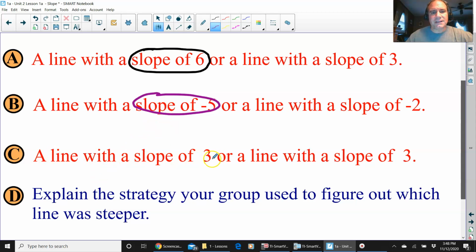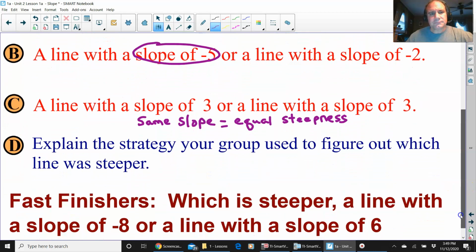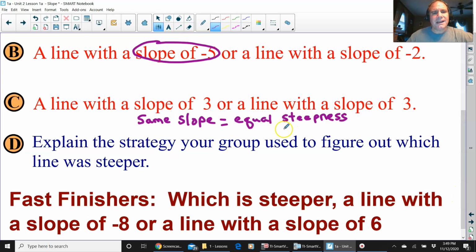A line with a slope of 3 or a line with a slope of 3. Same slope, same steepness, equal steepness. And by the way, when you have the same slope, please write this down.